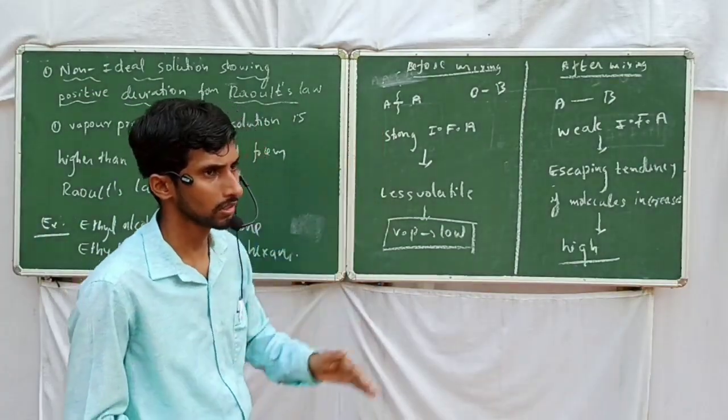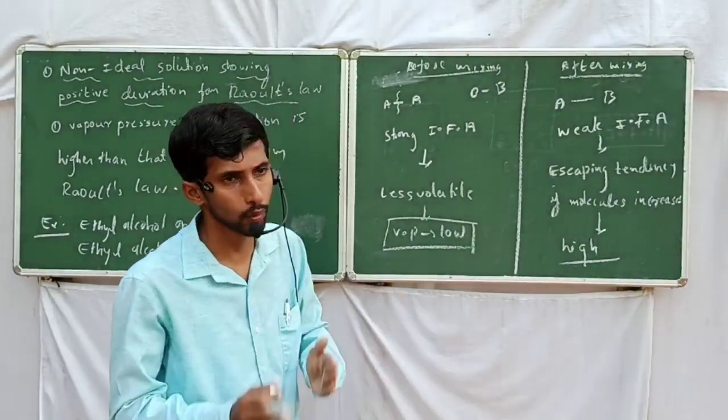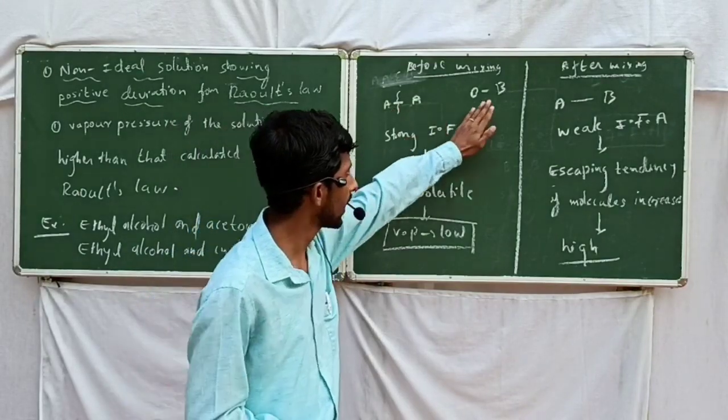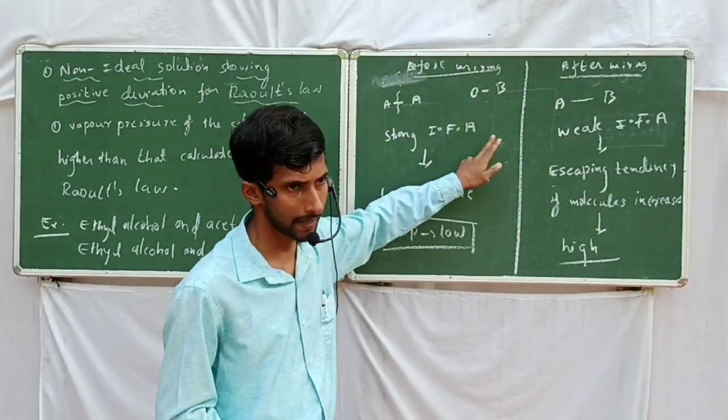In case of solutions showing positive deviation from Raoult's law, initially in the state of pure components, that is AA and BB, before mixing, they have strong intermolecular force of attraction.